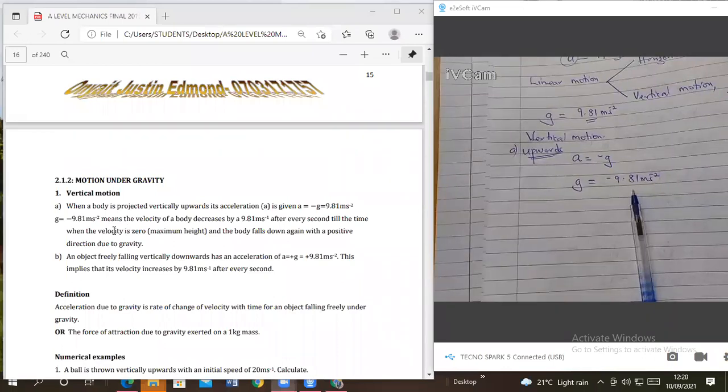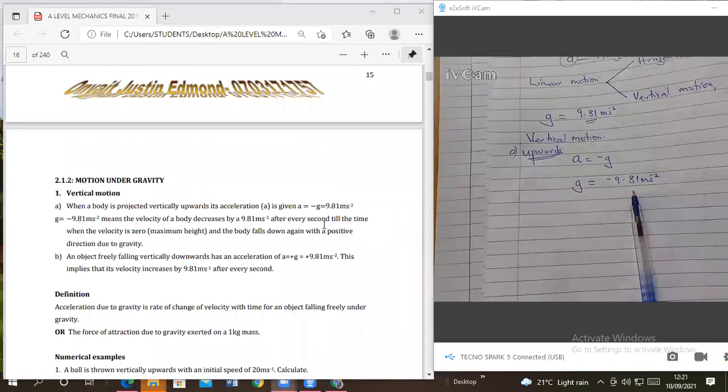It means that the velocity of a body decreases by 9.81 meters per second after every second, till the time when the velocity is 0. And for velocity to be 0, that takes place at the maximum height.